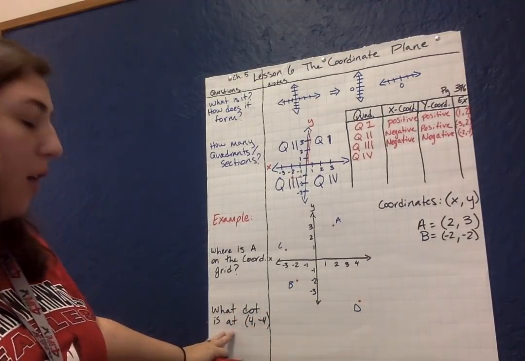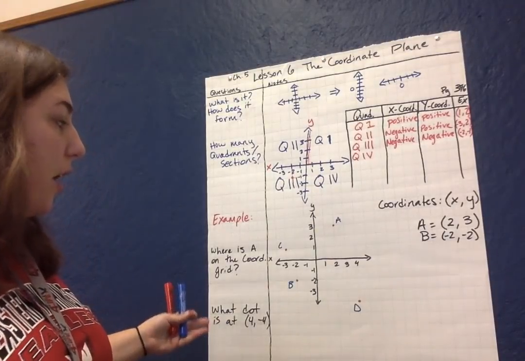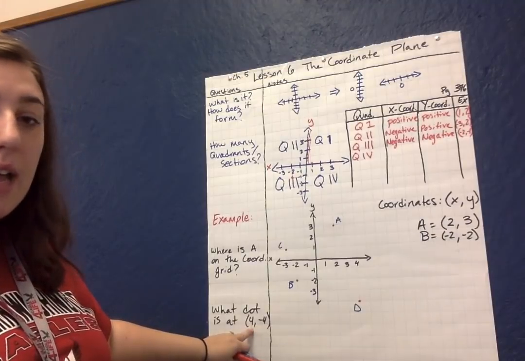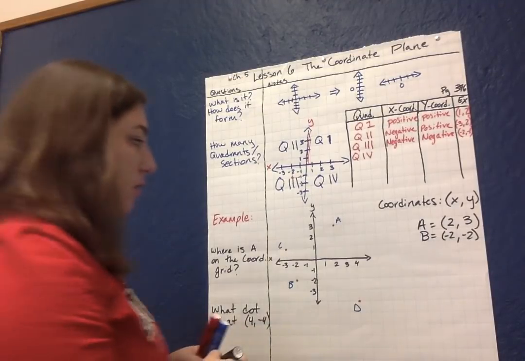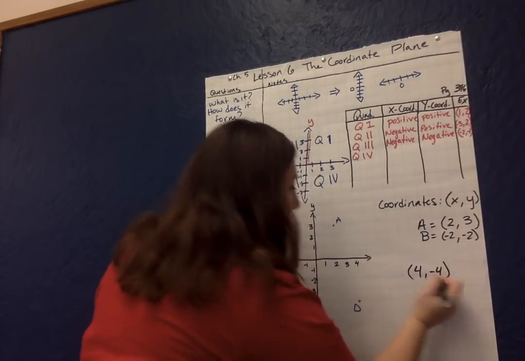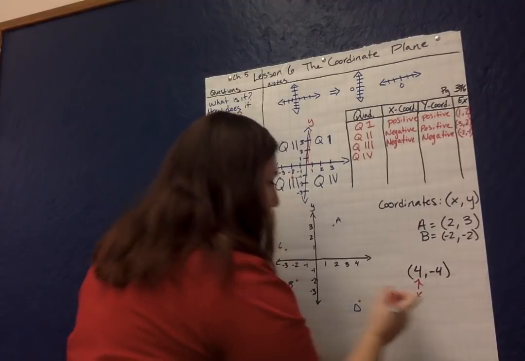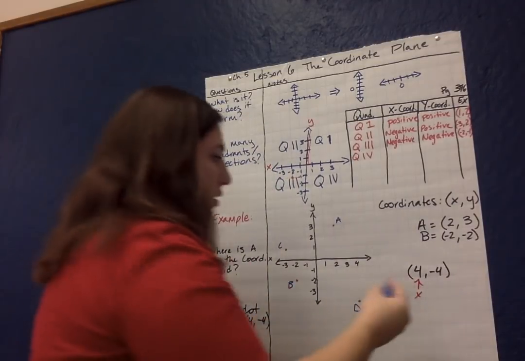So I want you to answer that. What dot is at 4, -4? So where do we start? Well, we know this is our x, and we know this is our y.